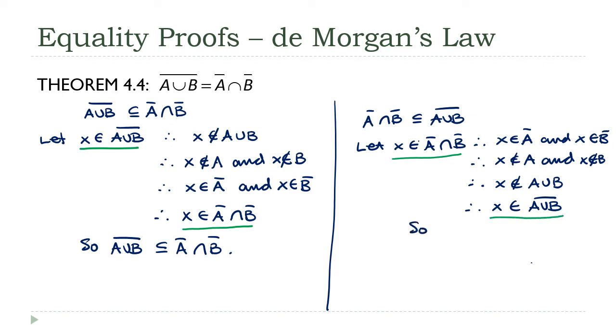So A complement intersection B complement is a subset of the complement of the union, and therefore we have shown both directions, right? Therefore, the two sets are actually equal to each other. And that's what I needed to show.